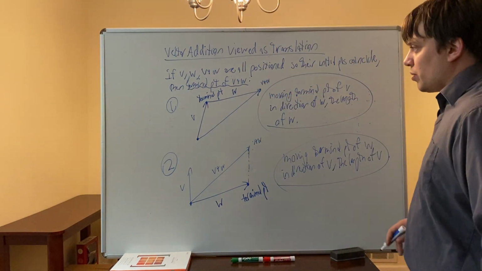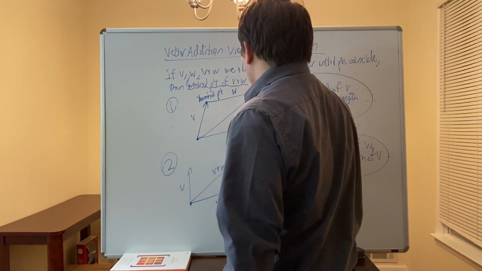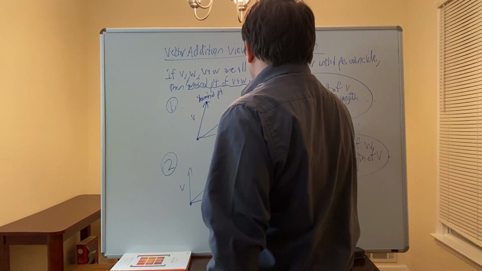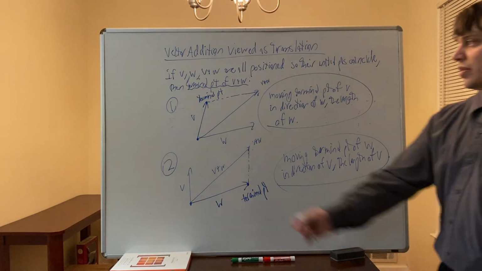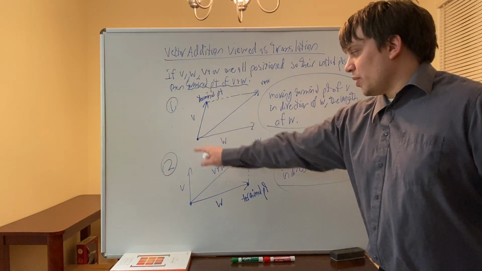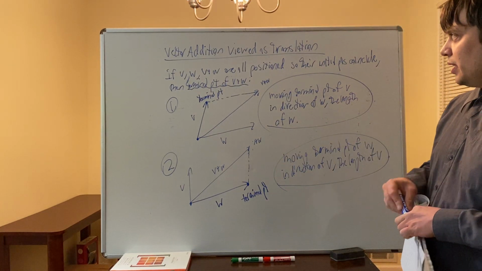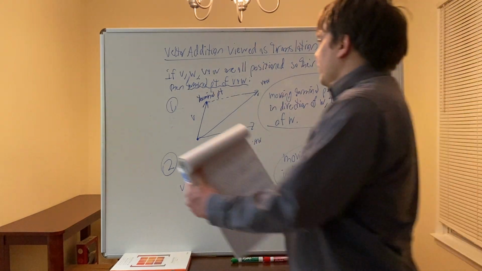I'm just going to draw this picture there, and that's V, that's W. Now we're going to move V in the direction of W, the length of W. That's W though, starting at the same initial point, that's V. So those are two ways to view vector addition as a translation.